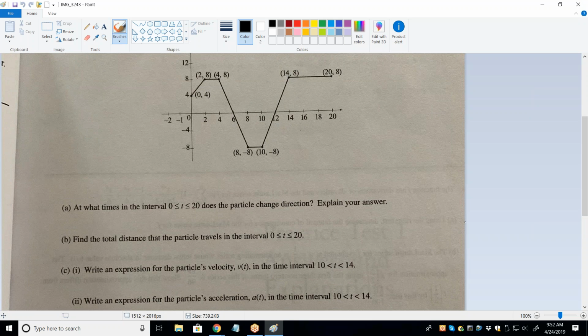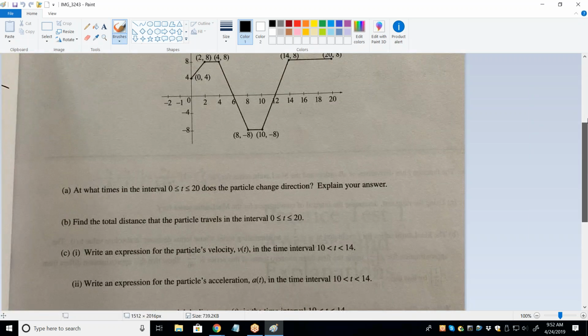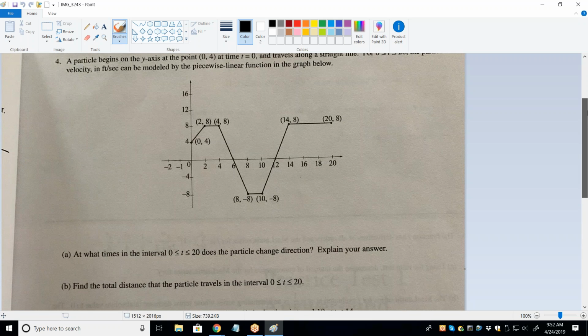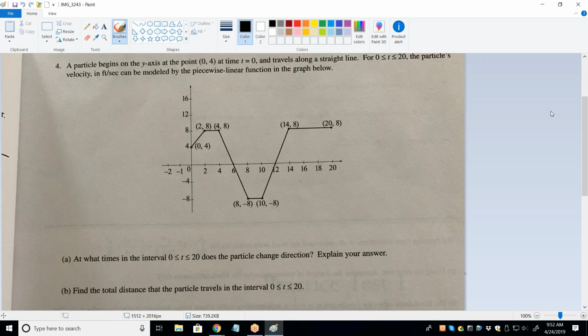Find the total distance the particle travels in the interval 0 to 20. So I have a question. So since the particle at time t equals 4, no, it's not an initial condition. Never mind. Here's the definition of distance traveled: the integral of the velocity function.